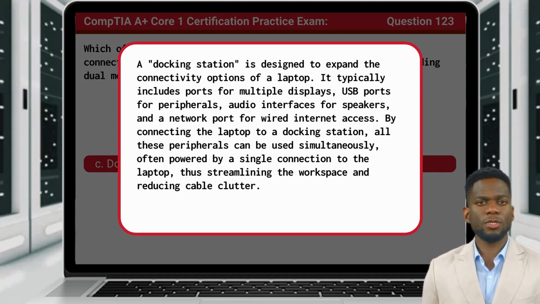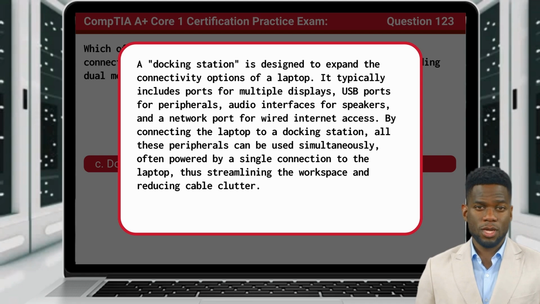It typically includes ports for multiple displays, USB ports for peripherals, audio interfaces for speakers, and a network port for wired internet access. By connecting the laptop to a docking station, all these peripherals can be used simultaneously, often powered by a single connection to the laptop, thus streamlining the workspace and reducing cable clutter.